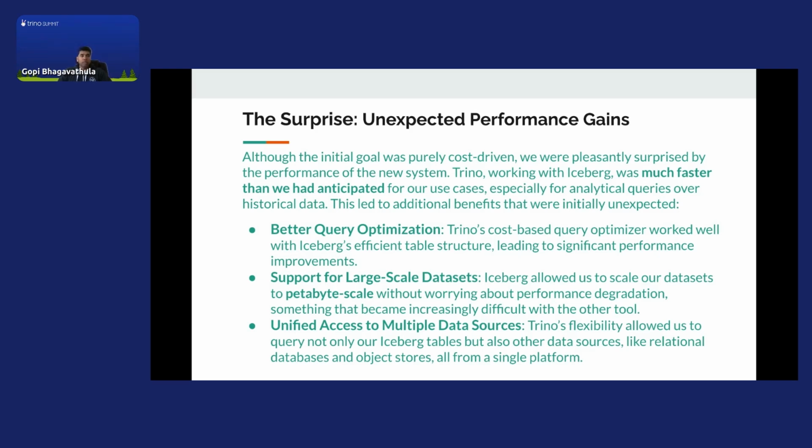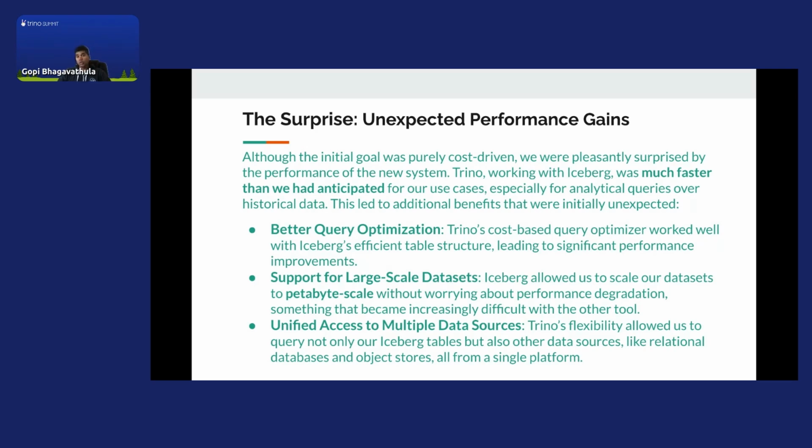Some of them I'm listing here for you. Better query optimization. Trino's cost-based query optimizer worked well with Iceberg's efficient table structure, leading to significant performance improvements. Support for large-scale datasets.